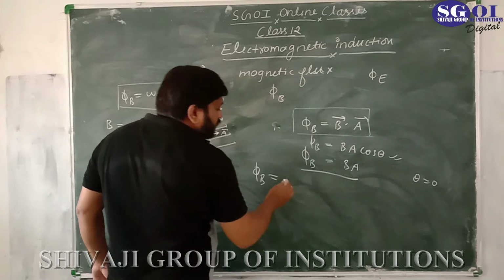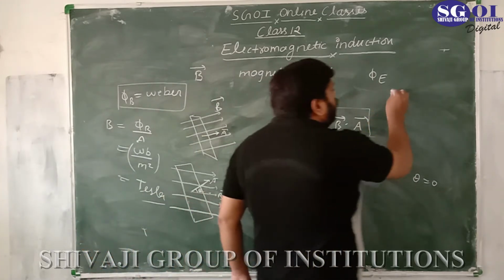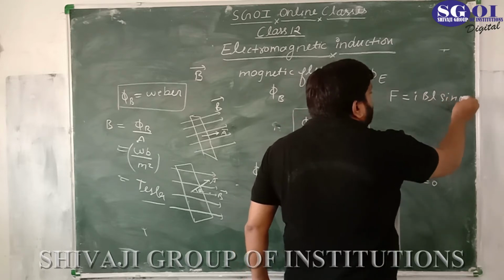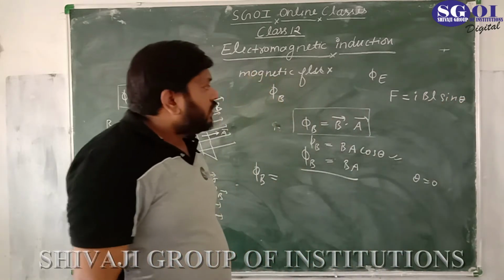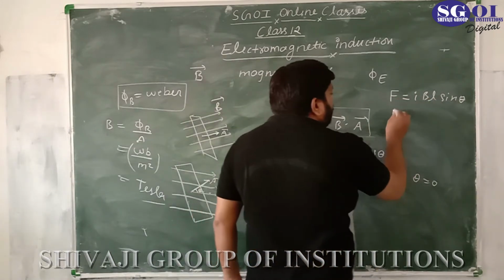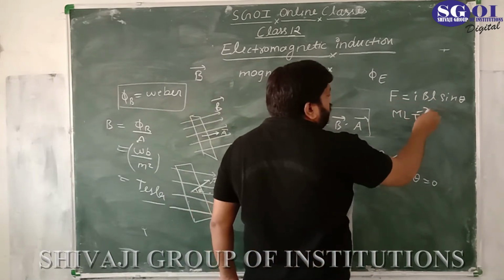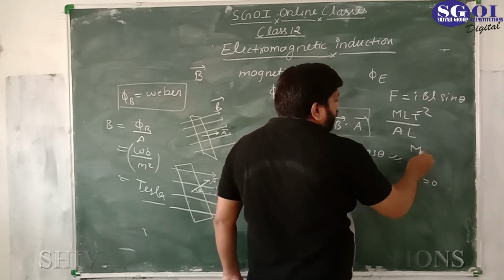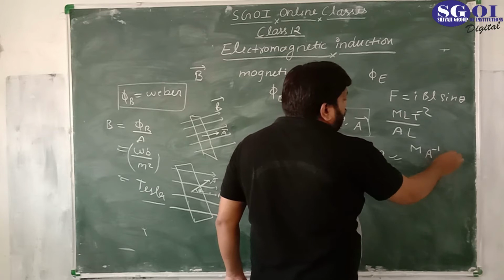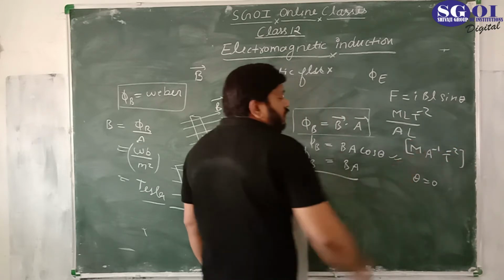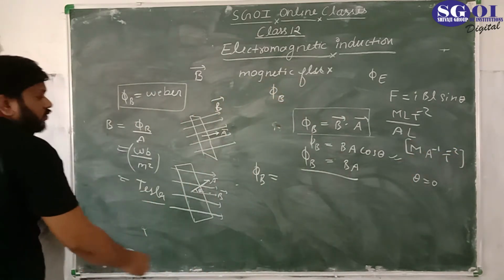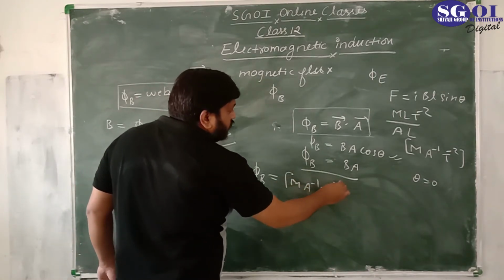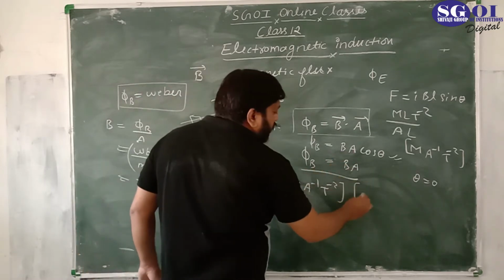Phi B is B times A. The dimension of B can be found from the formula IDL sin theta. From here you will find the dimension of B: this is MLT minus 2, and this is A, this is L. So the dimension of B is M A minus 1 T minus 2, and A is L2.